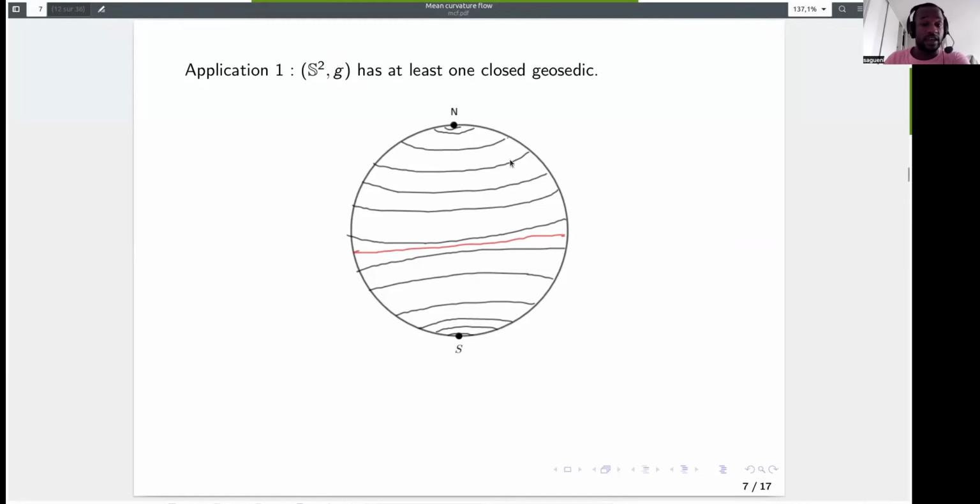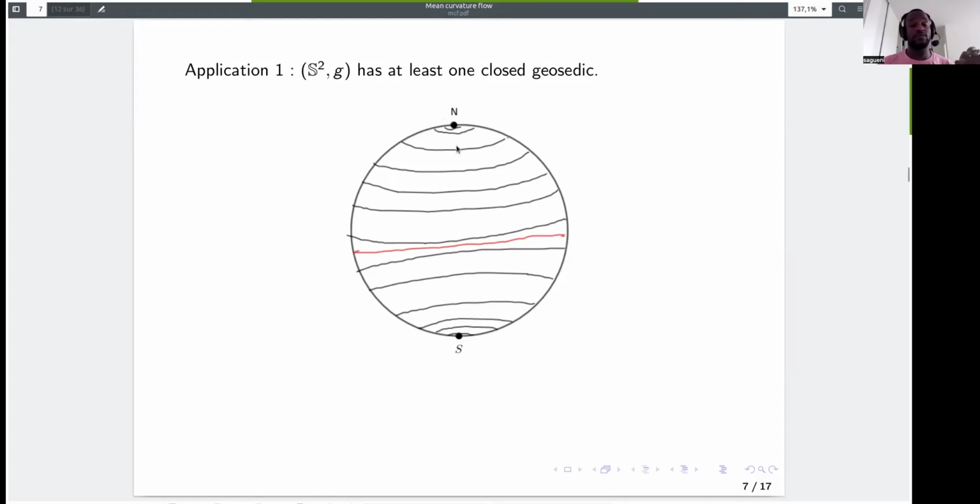We foliate S2 with curves converging to the north pole, and from below to the south pole, and we let them flow by the mean curvature flow. So the curves that are very close to the north pole are going to converge to the north pole, because they have two choices: either they converge to a closed geodesic, or to a point.